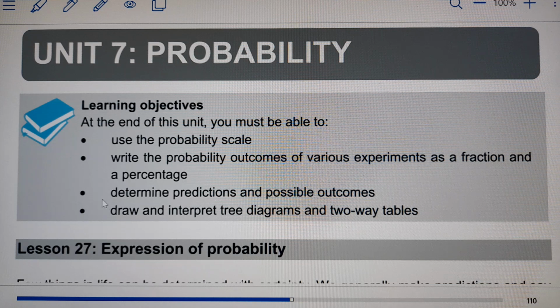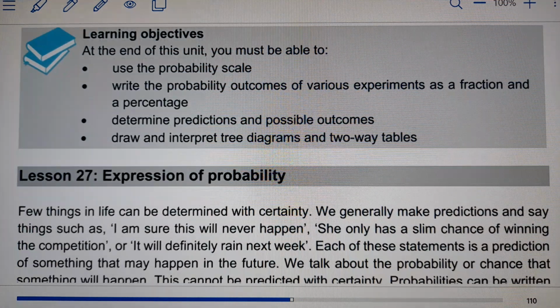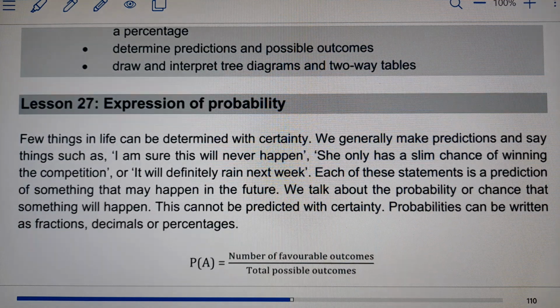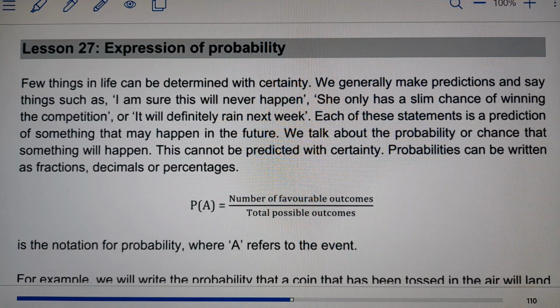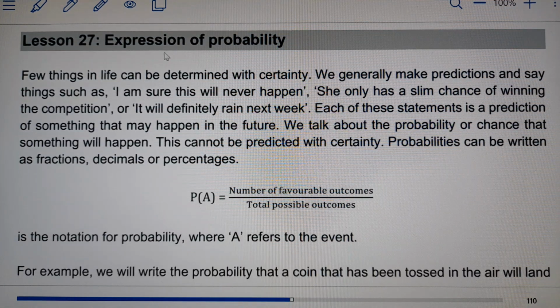And then you must be able to determine the predictions and the possible outcomes. And you must be able to draw and interpret the tree diagrams and two-way tables. Okay, so this is what we are going to cover under unit number 7, and we start with lesson number 27, the expression of probability.